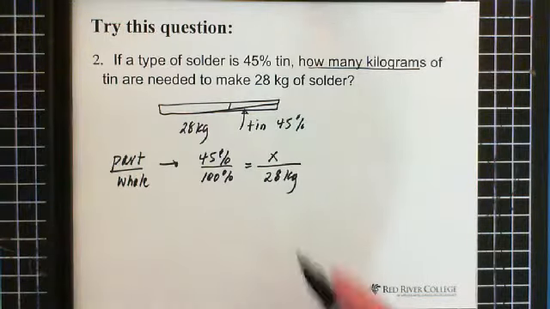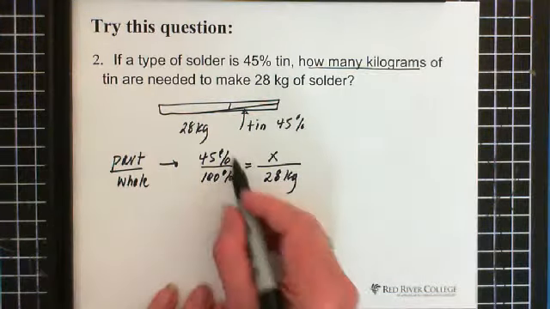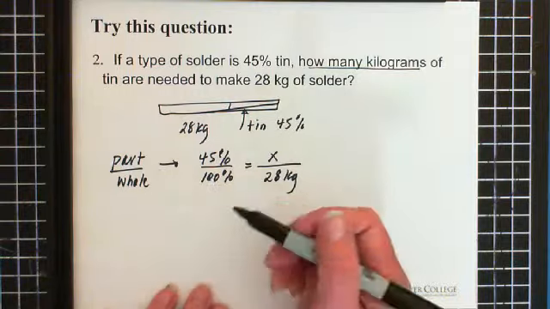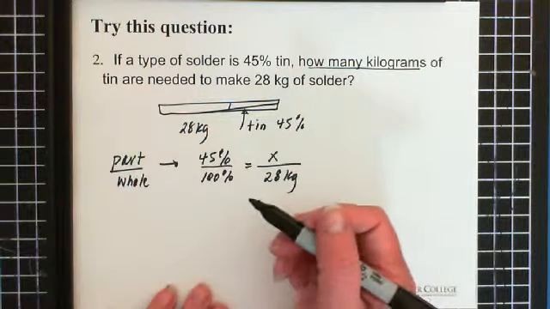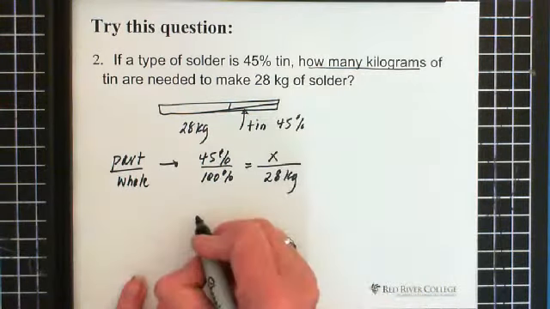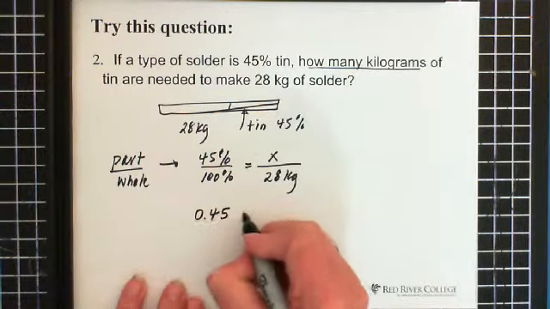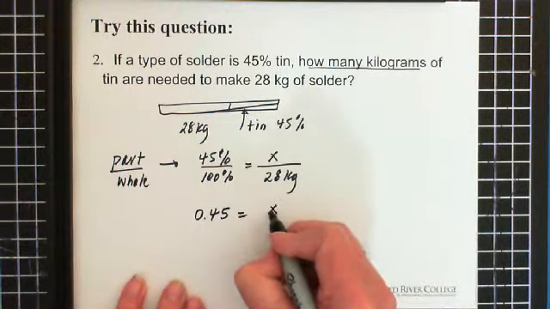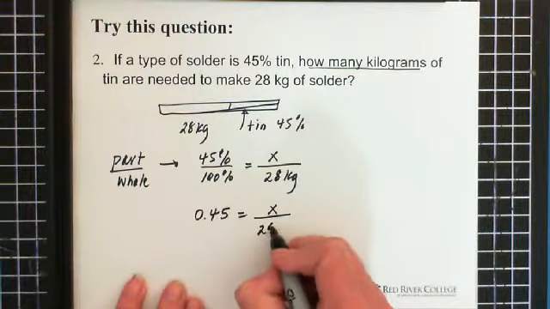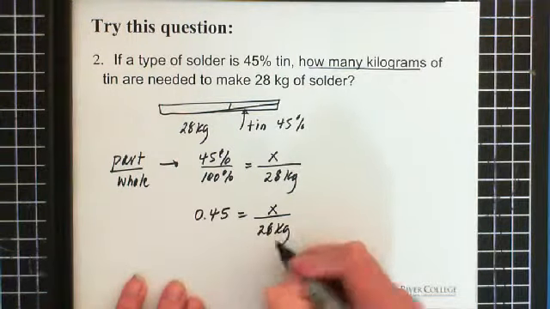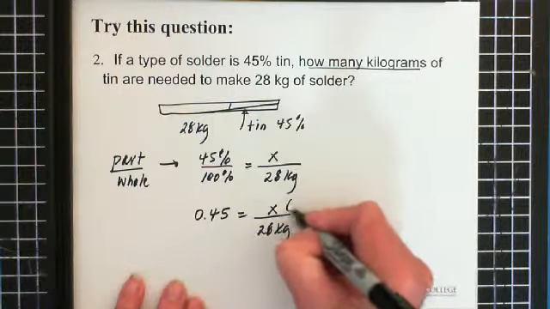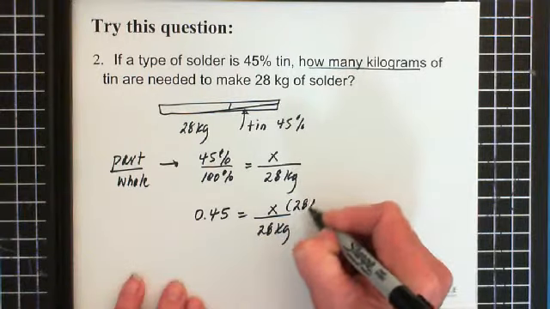Okay, so now I'm just going to approach this question by doing the division here. 45 divided by 100 is 0.45. That equals X over 28 kilograms. I'm going to multiply both sides by 28 kilograms.